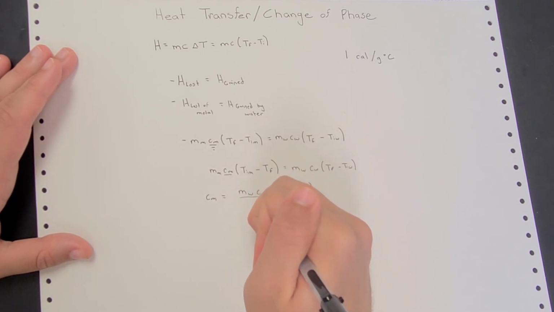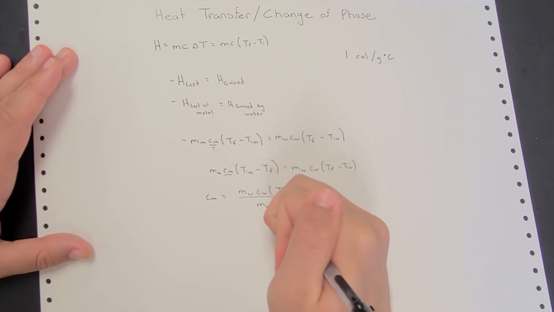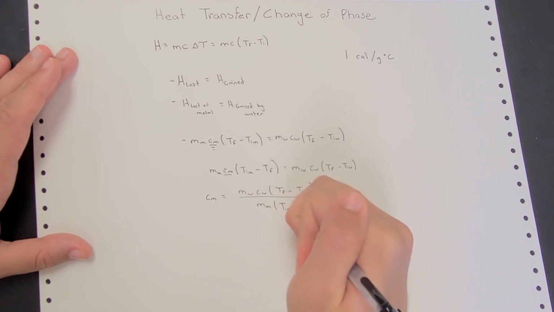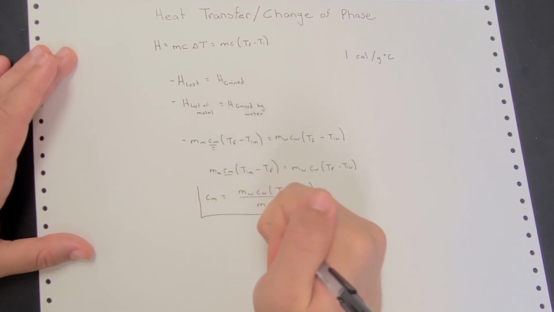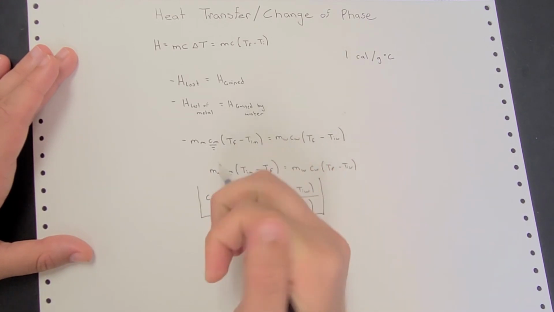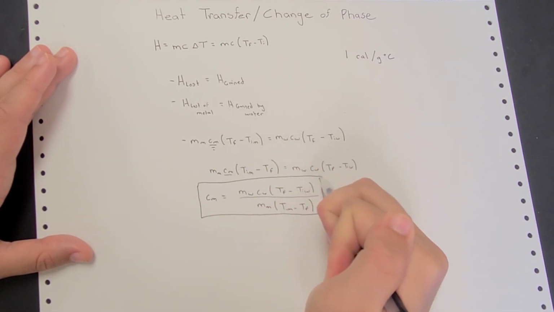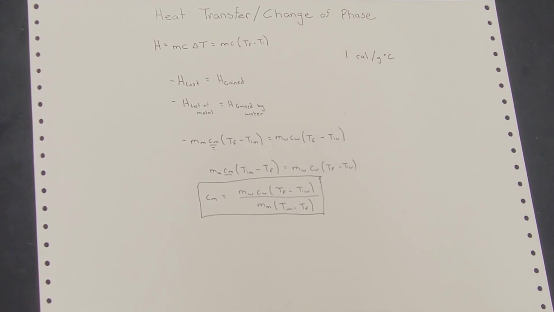We divided both sides by the mass of the metal and by the change in temperature of the metal. Okay, and then this is the final equation that you're going to use. This is the equation that you'll see in your manual. And that's what we're going to use.